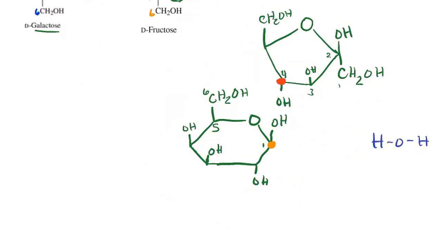Well, it doesn't matter which oxygen and hydrogen you pick from, as long as you pick the hydroxyls that are attached to the carbons that participate in the bond. So I've circled the carbons that participate in the bond. So you would have to pick from this hydroxyl or this hydroxyl. Okay, doesn't matter, but you pick 2 hydrogens and 1 oxygen.